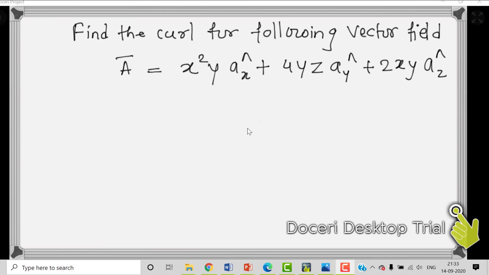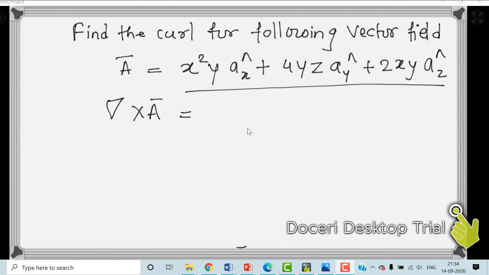Let us solve one example based on the curl. Consider this vector field. Find the curl for the following vector field: A bar is equal to x square y ax cap plus 4yz ay cap plus 2xy az cap. Now curl means we have to find del cross A bar, right? This is a Cartesian coordinate system.